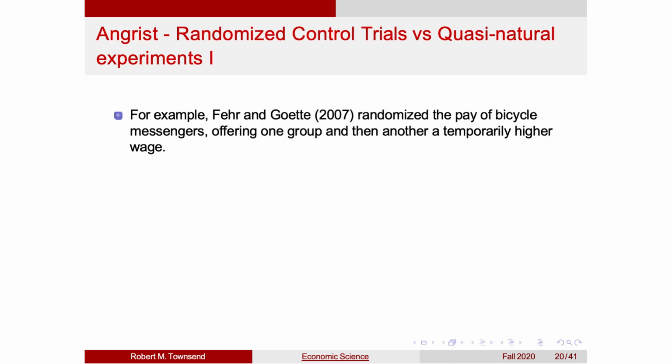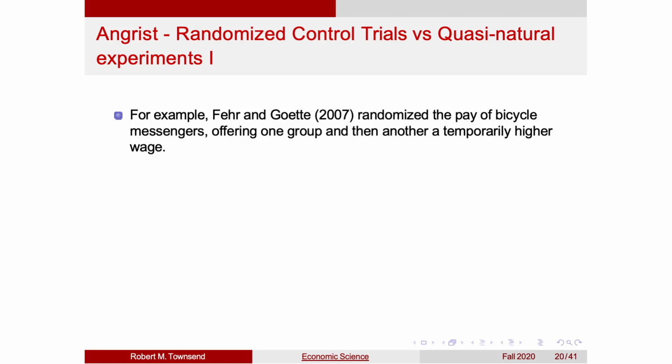Josh Angrist on running experiments, as in randomized control trials versus quasi-natural experiments. He's referring here to a genuine randomized control trial by Fehr and Goette, where they selected some bicycle messengers to receive temporarily higher wages and had a control group that did not receive the increase.